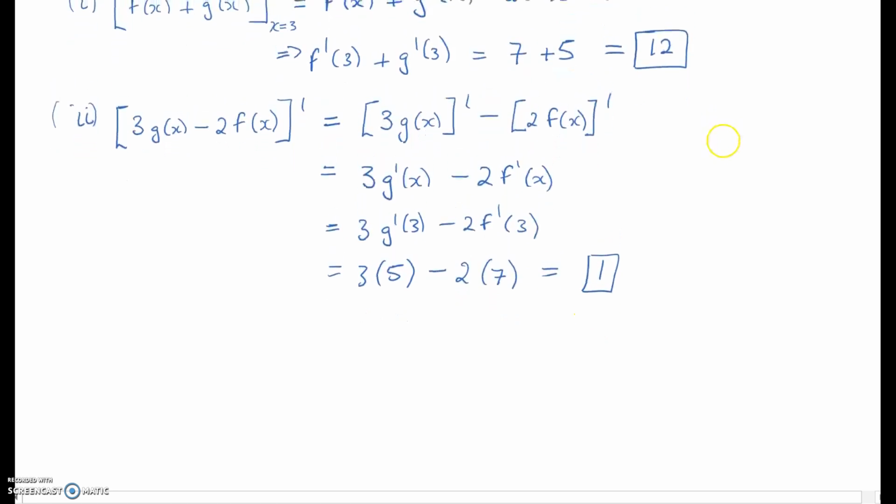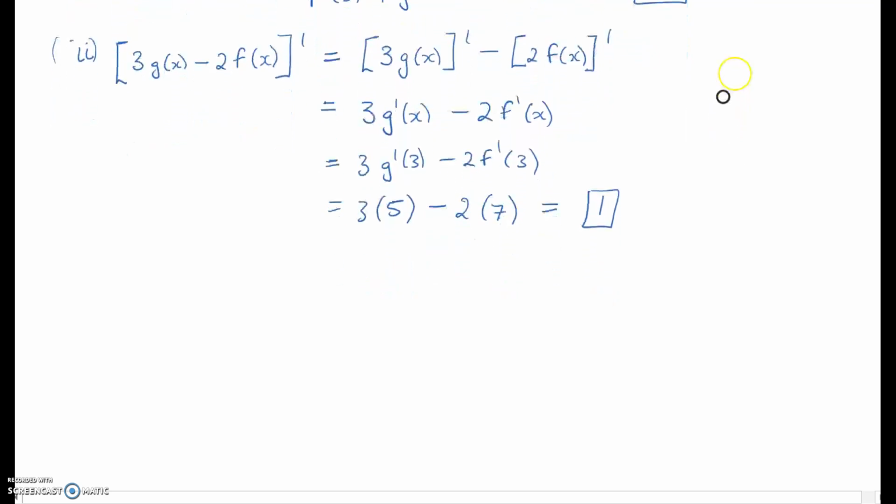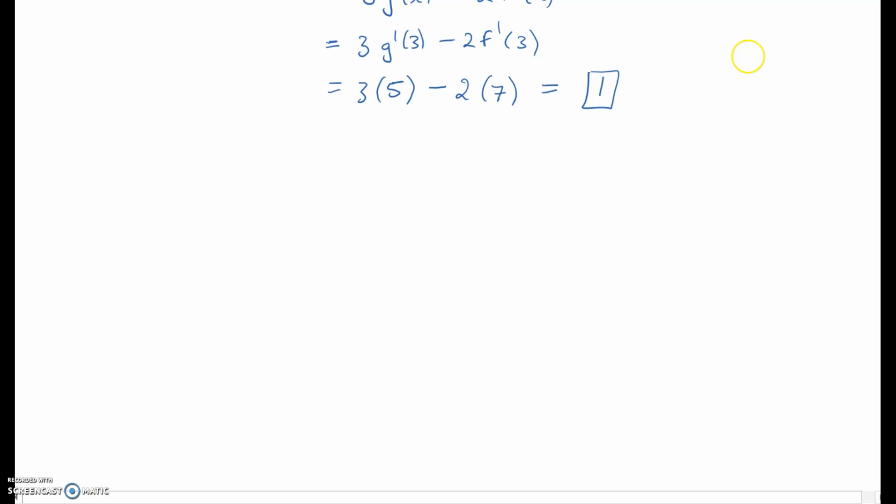Okay, the next question that we had to do was the product rule, f of x times g of x. So we want the derivative of f of x times g of x.